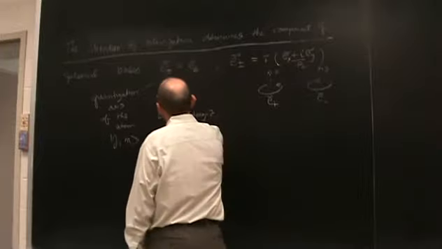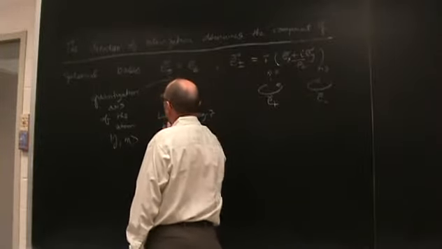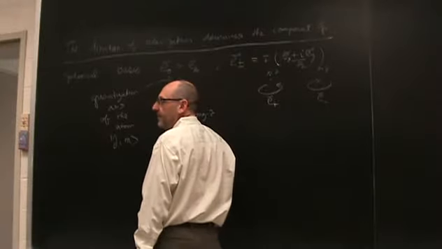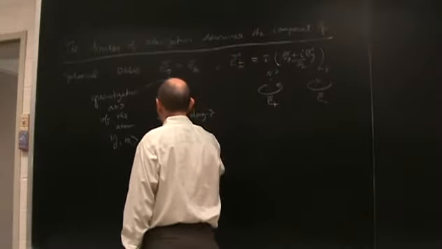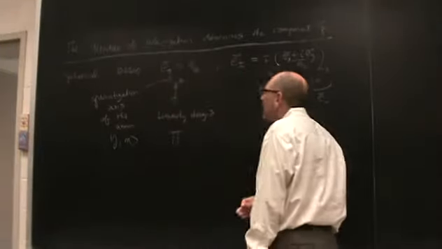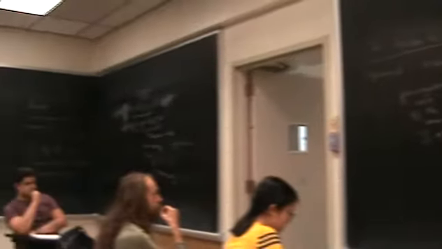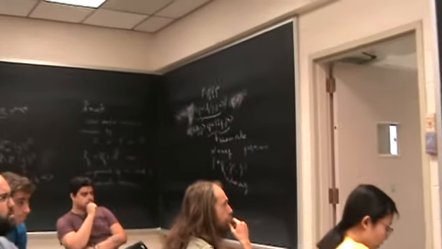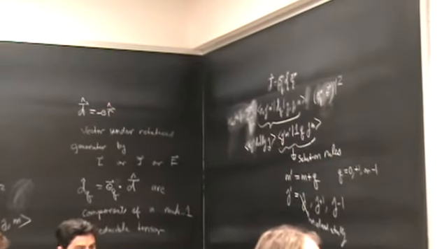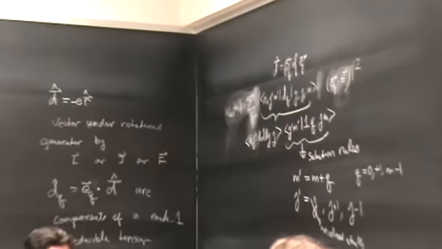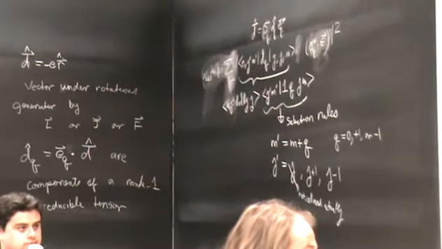If the polarization is along the quantization axis, if it's parallel to the quantization axis, then in German we call it pi. And if it's perpendicular to z, we call it sigma.